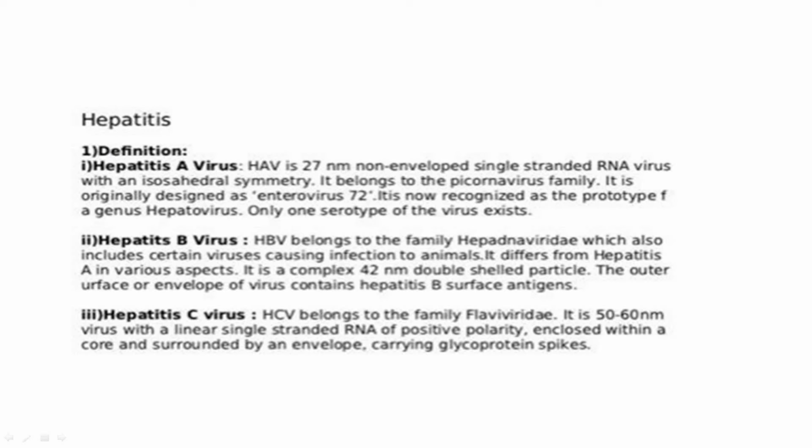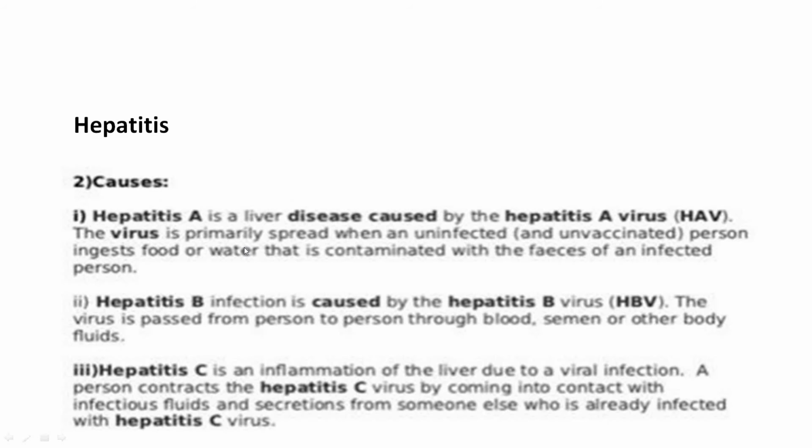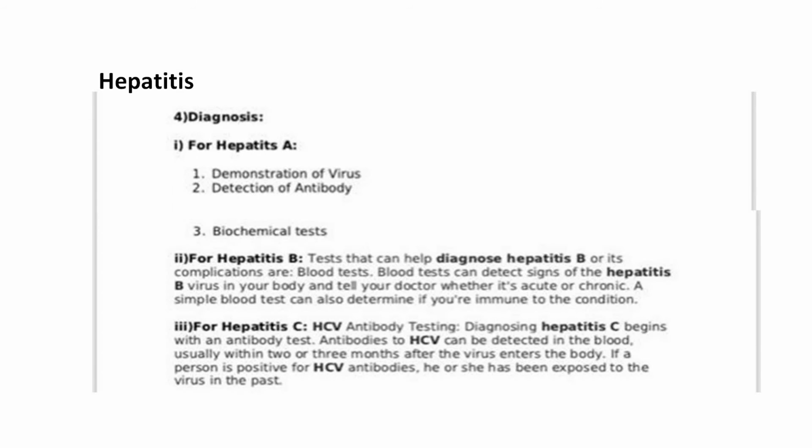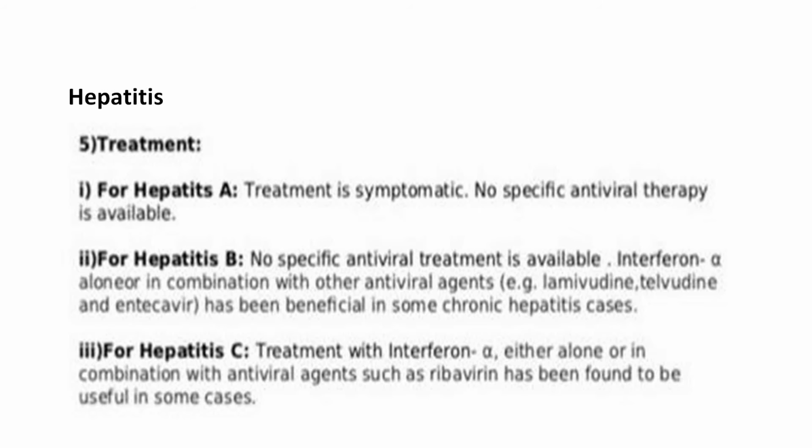We have some different types of hepatitis. The first one is hepatitis A virus, then we have hepatitis B virus, then we have hepatitis C. We were discussing about the types of hepatitis.